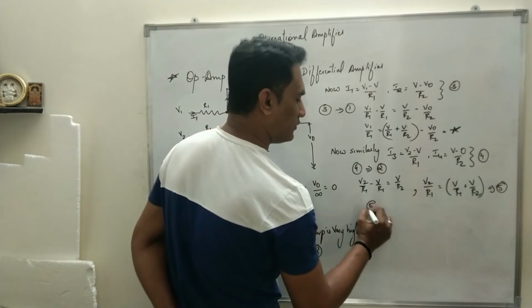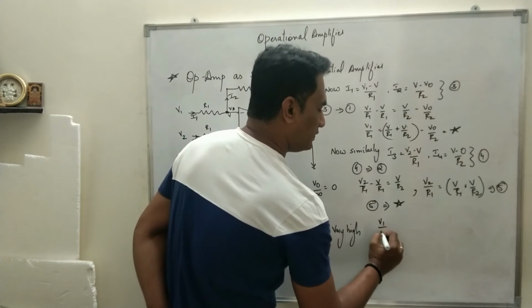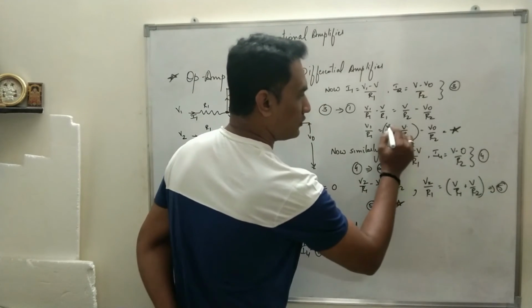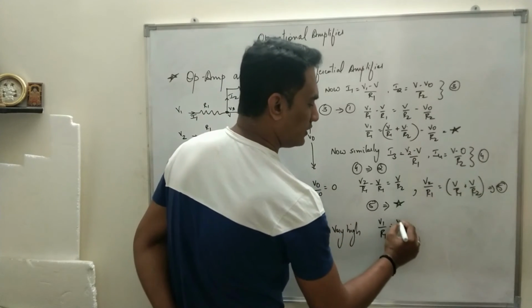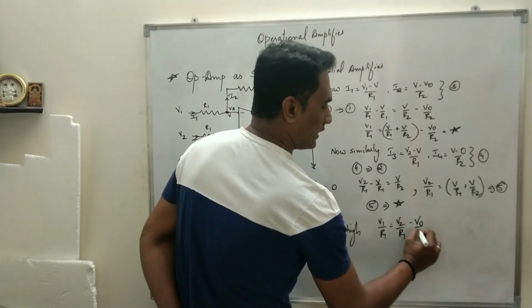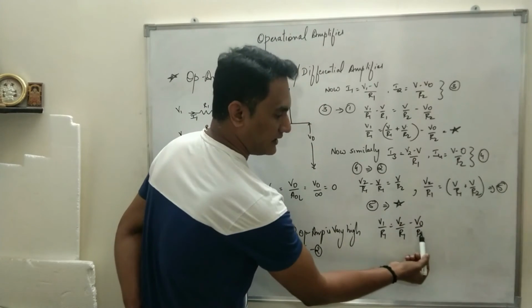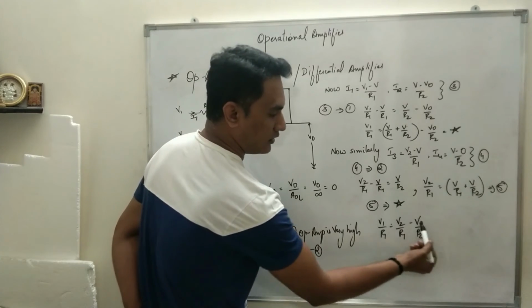So substitute the value of V1 from equation 5 in the starred equation. What you get is V1 upon R1 equals V0 upon R1 plus V0 upon R2, which according to equation 5 is V2 upon R1 minus V0 upon R2. Okay, so I'll take V0 upon R2 on the left hand side and V1 upon R1 on the right hand side.